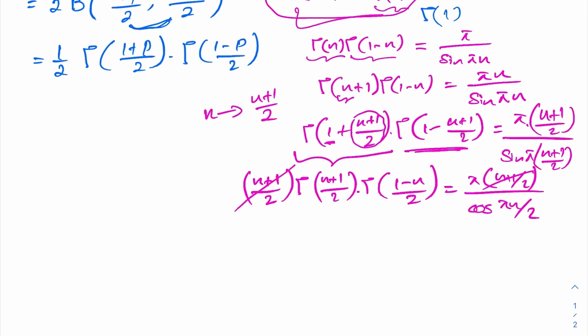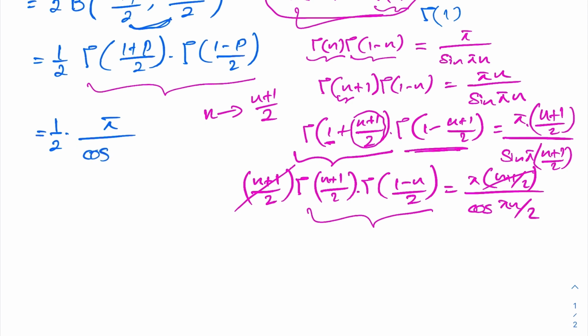Now here our integral has gamma of 1 plus p over 2, gamma of 1 minus p over 2. So we have this part. So we can write this is equal to 1 half pi over cosine of pi n over 2, instead of n, now here we have p, so pi p over 2.